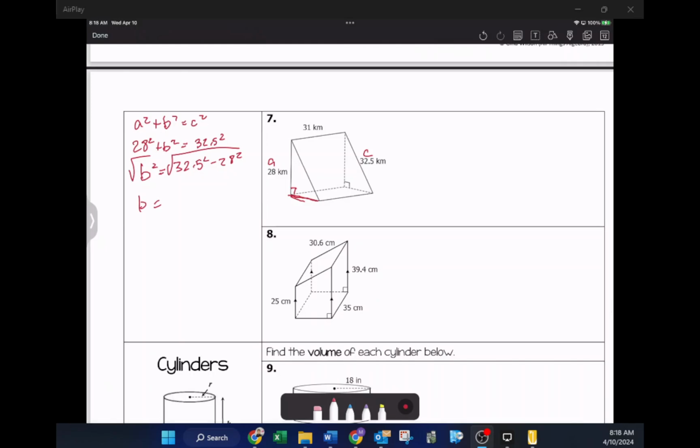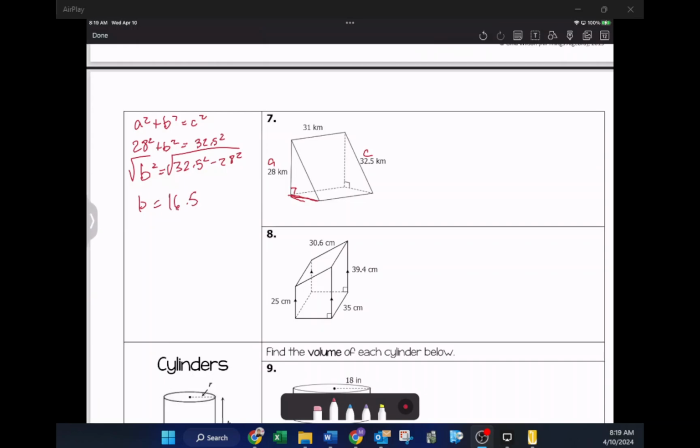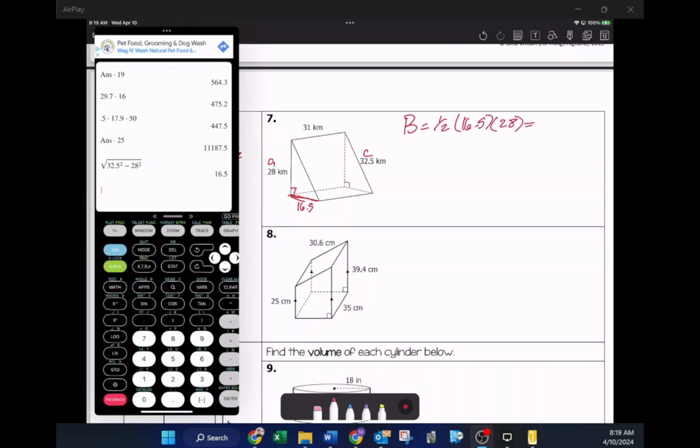So B is the square root of 32.5 squared minus 28 squared, which is 16.5. So, area of the base is 1/2 of 16.5 times 28, which is 231.